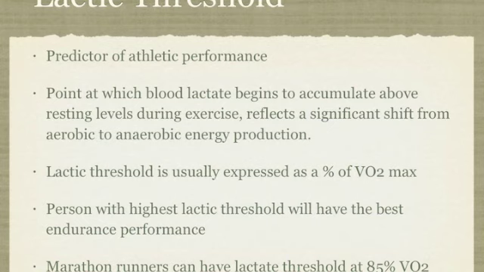And marathon runners' ability to maintain those fast paces without accumulating lactate is a reflection of their very high lactate threshold. So they can maintain aerobic energy production before they start to accumulate a lot of lactate.